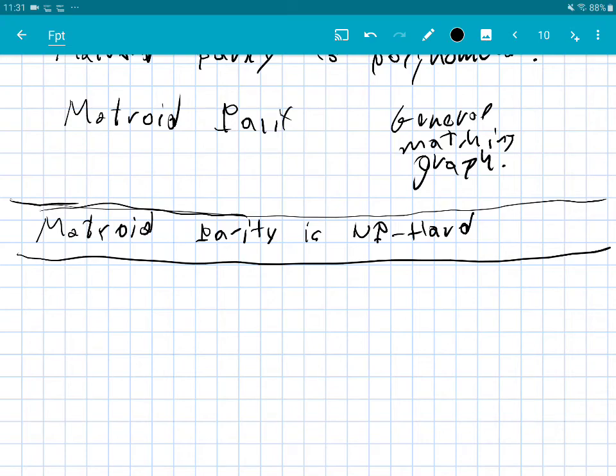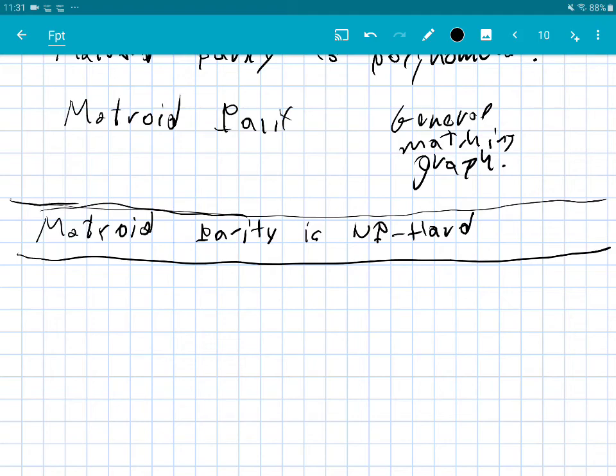Okay, another problem: maximum matching can easily be reduced to Matroid intersection, right? Just use the NP hardness proof we did. You define a partition Matroid on the left side, where every vertex on the left can be engaged at most once.